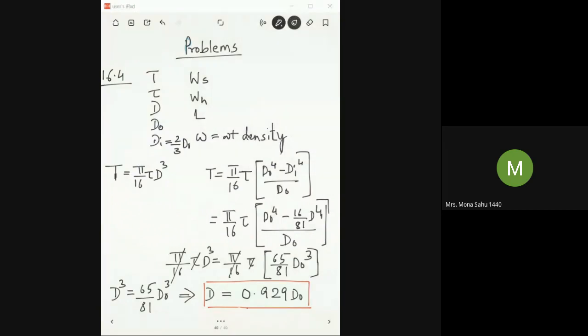This chapter is again very simple. Done?